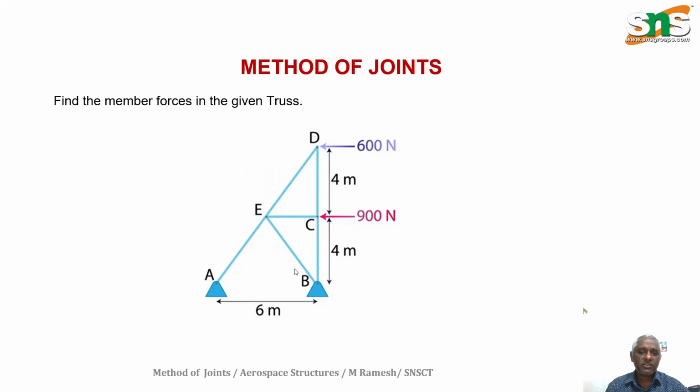If there are more than two unknowns, we cannot find the unknown values, because we have only the sum of all vertical forces equal to 0 and the sum of all horizontal forces equal to 0, the static equilibrium equations. So two equations, two unknowns can be found.